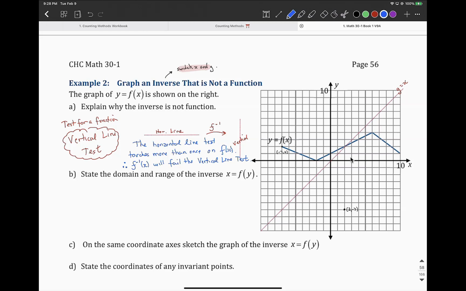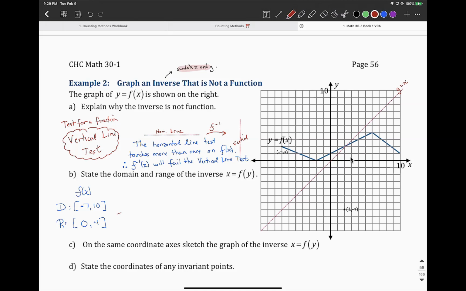And the same for the domain and range. The original graph is over there, I can see it. Domain and range is really convenient if you can see the graph. I don't know what the inverse looks like yet, but I can predict it. It looks like the domain of this graph goes between -7 and 10, and the range goes between 0 and 4.